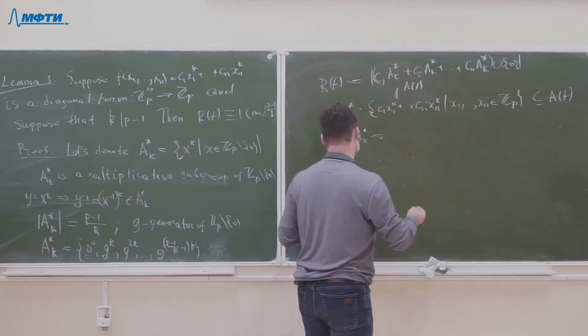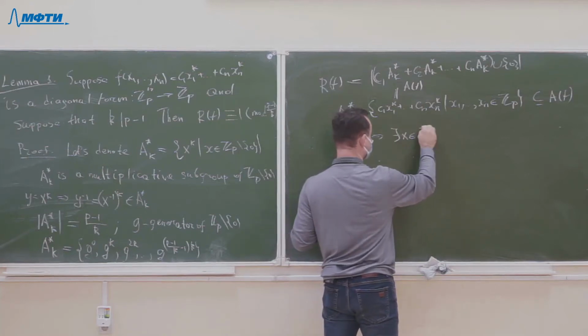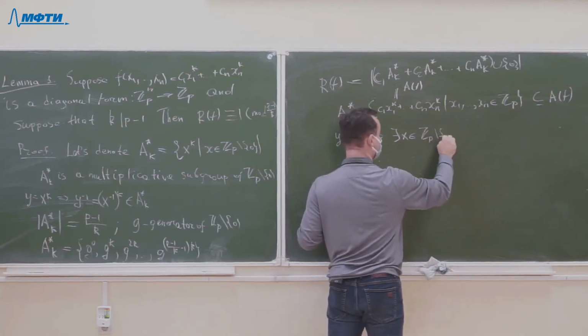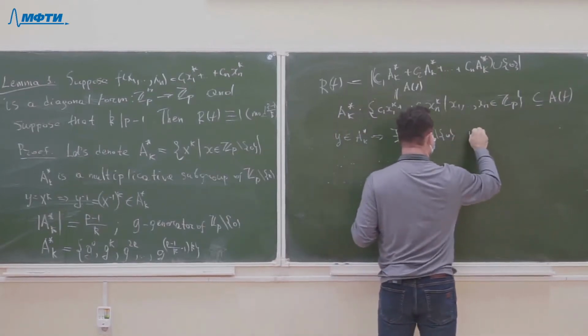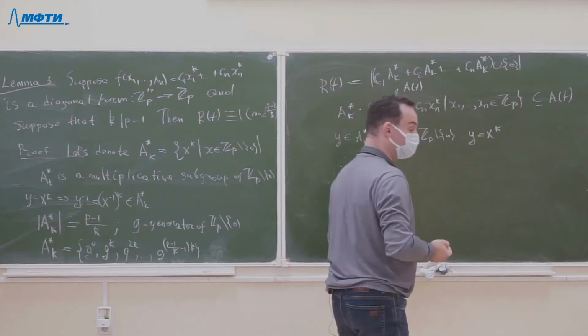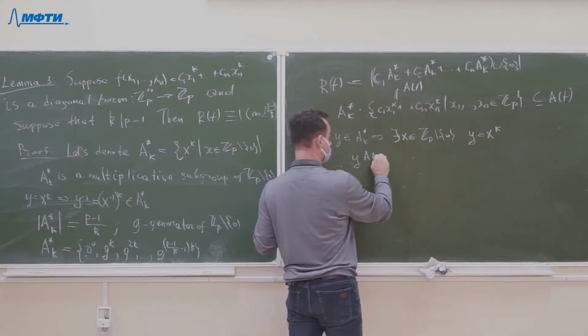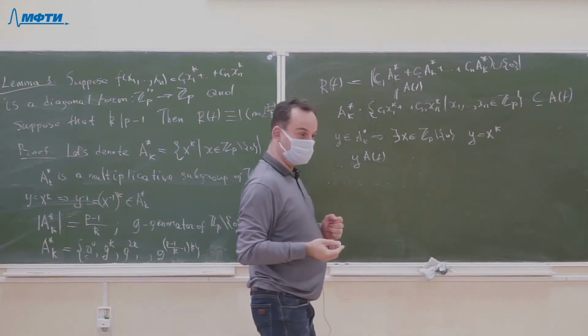This means that there exists x from ZP without 0 such that y is x to the k. Let's multiply y by A of f, right?